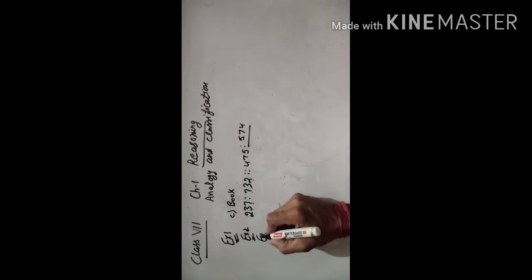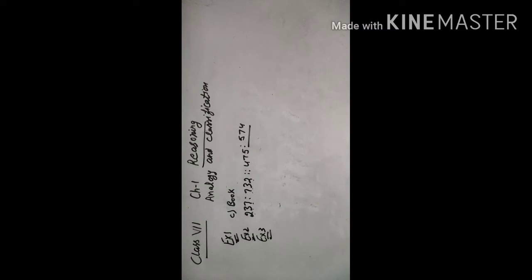And in example number 3, figures are given. We see that in the first figure, inside a box is circle and triangle, then pentagon. In second, pentagon, triangle, then circle. That means inner figure becomes outer and outer becomes inner.